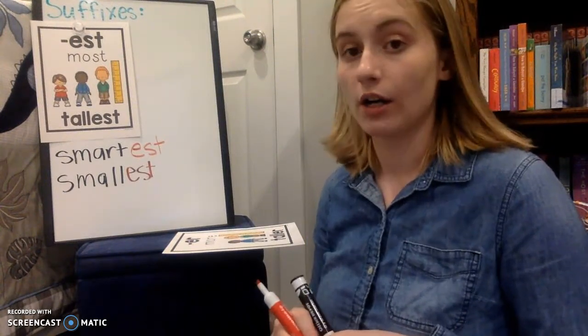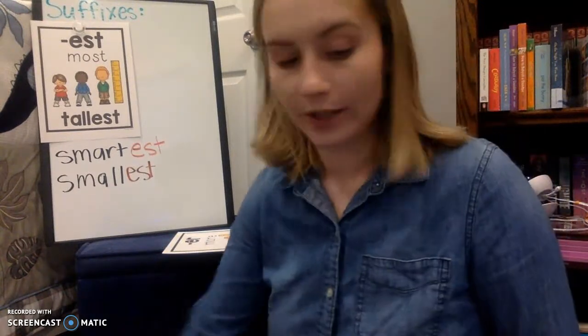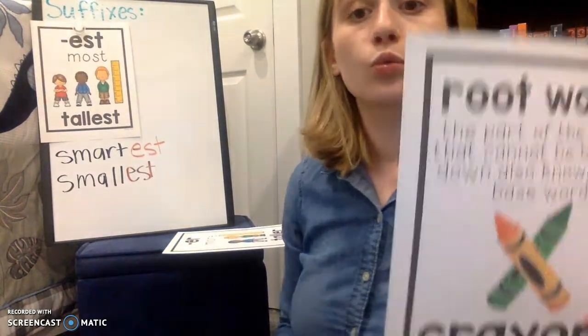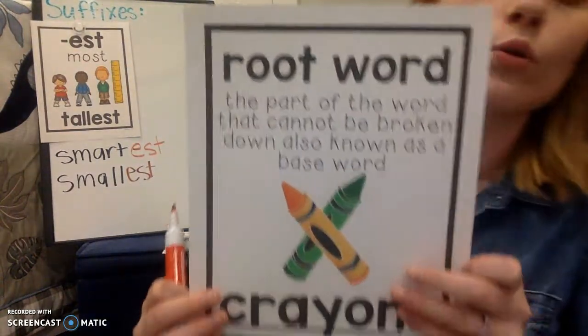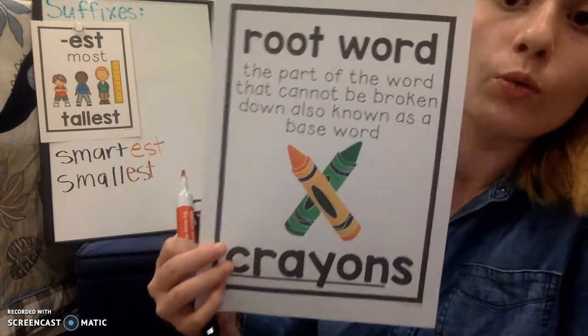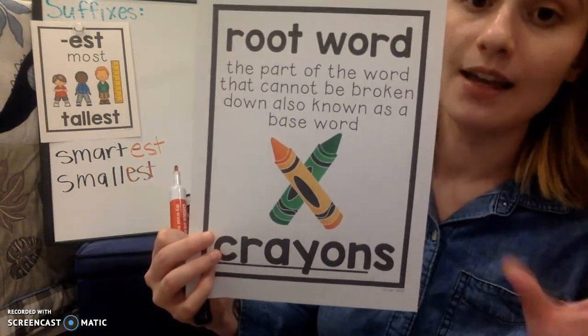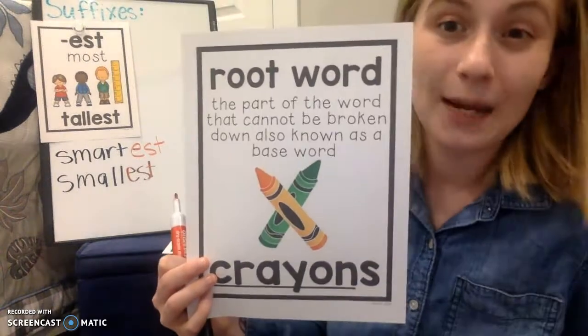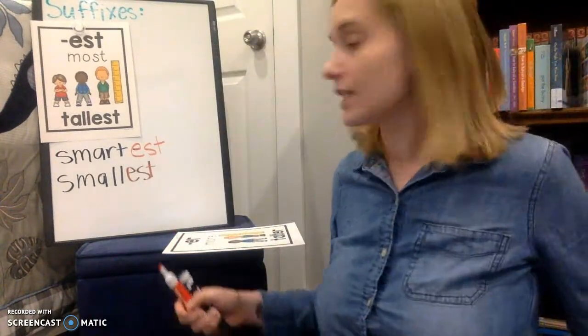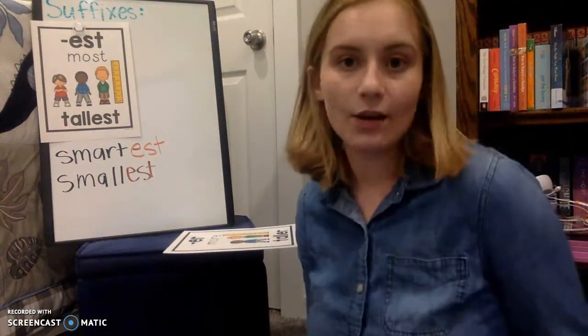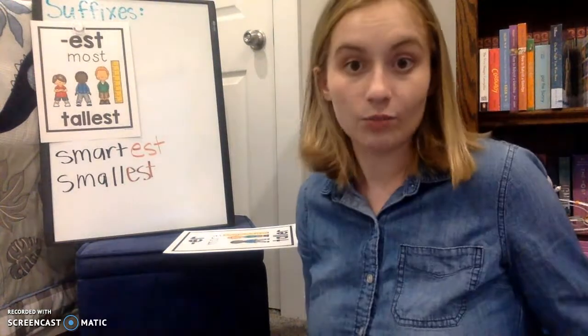It was not part of the original word, which we call the root word. The root word is that part of the word that you're making that cannot be broken down. It can't be broken down. So the word small, you can't break that down into anything different, right?